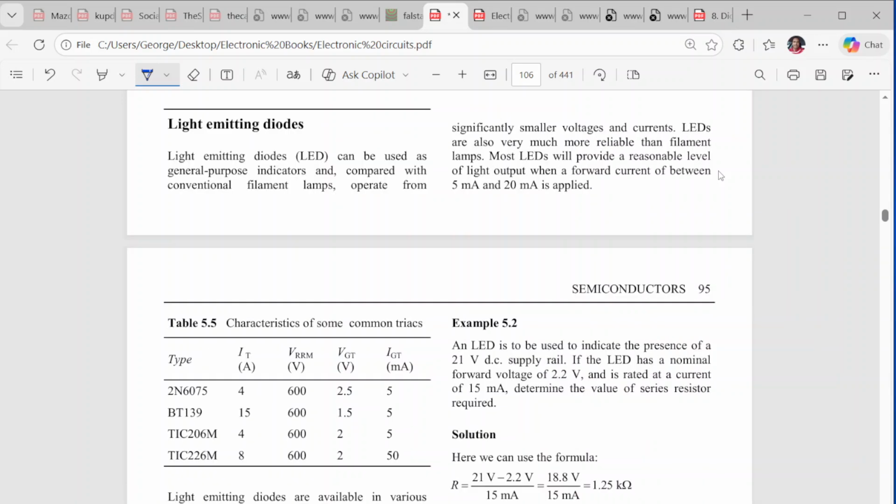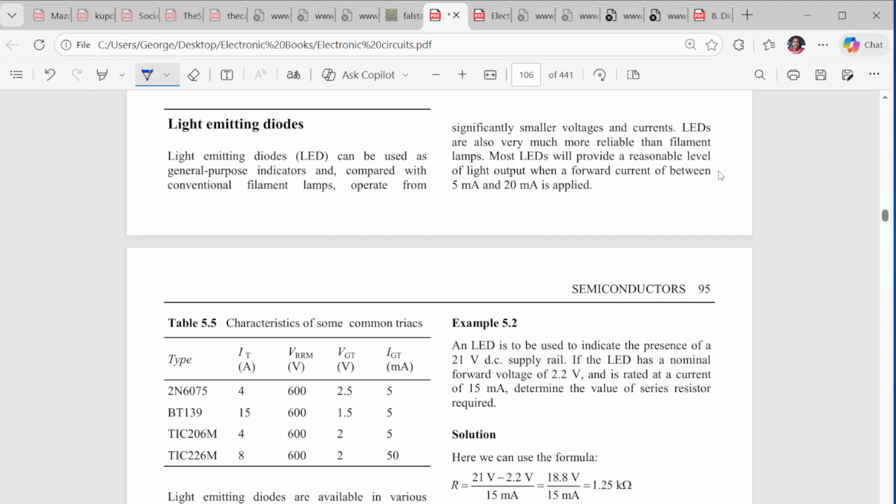So now let's take a look at LEDs, or light emitting diodes, and how to calculate the current limiting resistor for an LED. It says a light emitting diode, LED, can be used as a general purpose indicator and, compared with conventional filament lamps, operates from significantly smaller voltage and currents.